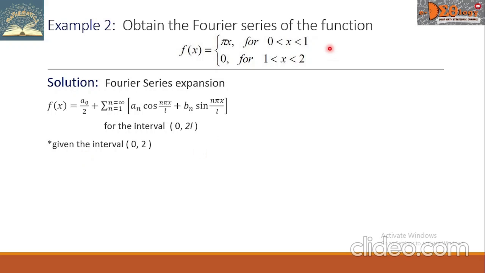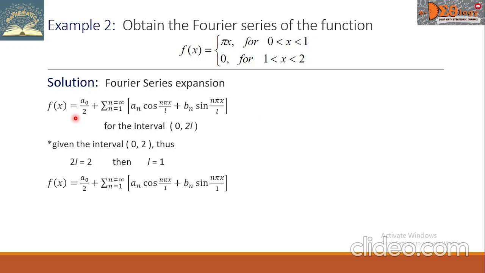In our problem here, the interval is from 0 up to 2. Therefore, we can say that 2L is equal to 2, then we can solve for L. L is equal to 1. Then we can rewrite our f of x. We will change the value of L as 1, and we can simplify further our f of x formula, and it becomes like this.